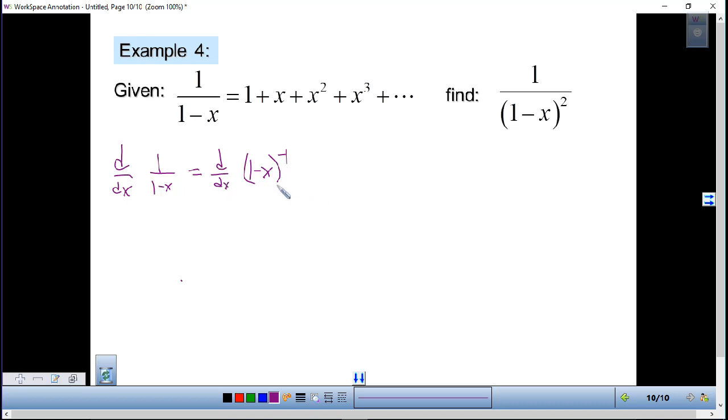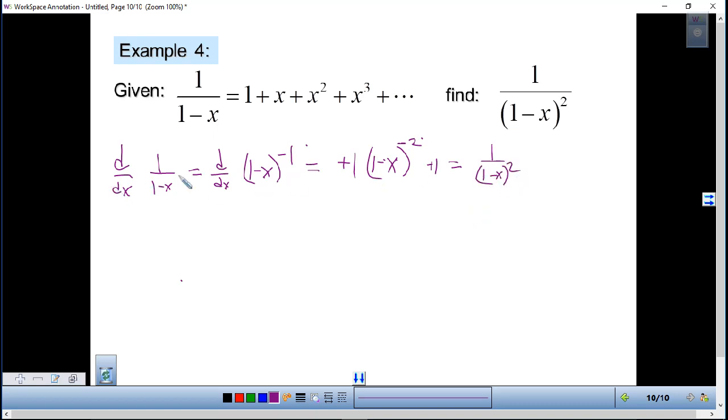Then we can just use our same old power rule and bring the 1 out front. So negative 1 times 1 minus x to the negative 2. And then we have to multiply by the derivative of the inside, which is going to be negative 1. So these negatives are going to cancel each other out. So we end up with 1 over 1 minus x squared.